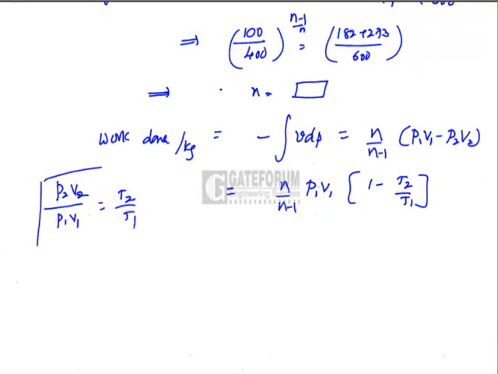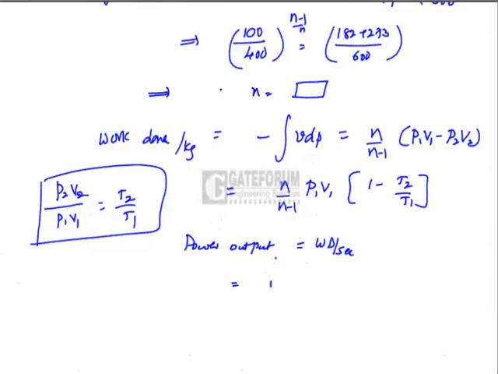Here the volume flow rate is given, therefore the power output is equal to work done per second, which is equal to inlet pressure, given as 400 kilopascal, and inlet volume flow rate, given as 5 meter cube per second, into n by n minus 1 into 1 minus T2, which is 182 plus 273, divided by 600 Kelvin.